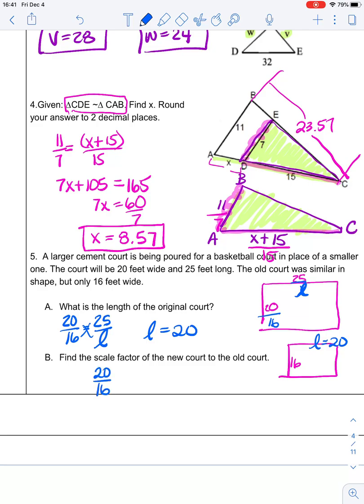And the scale factor from the new court to the old court would be 20 over 16, which is 5/4. So 5/4 goes from the small one to the big one, which makes it bigger. So what would I multiply the length by 5/4 to get 25? That's what you have to think about.